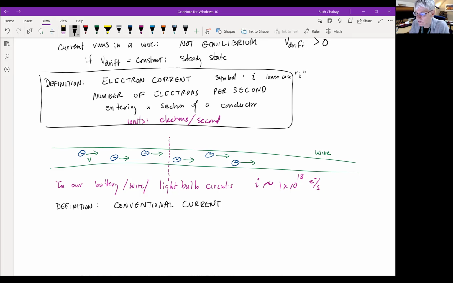And this is the number of coulombs per second entering a section of a conductor.